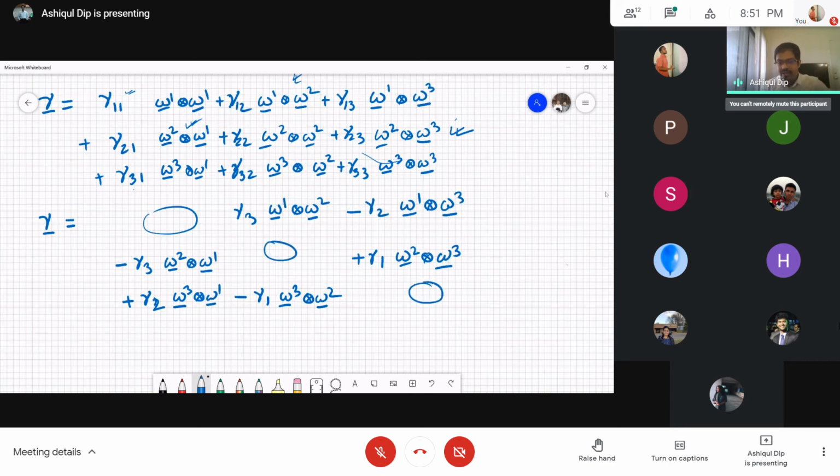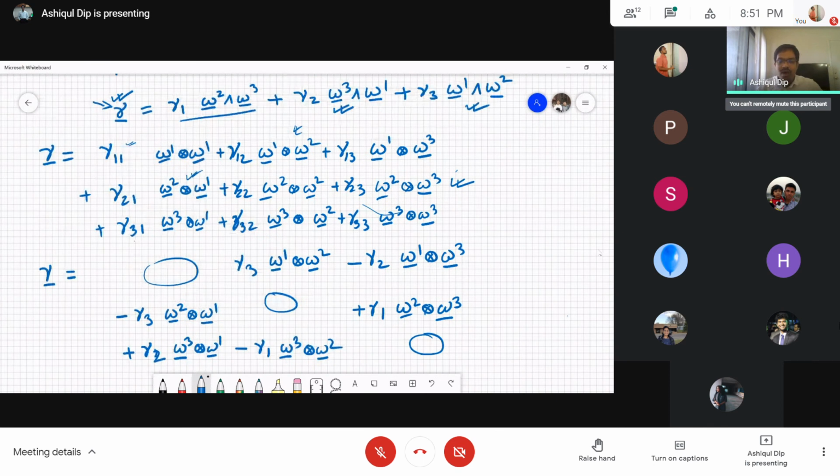So tell me then, which of those gamma components are 0 if gamma is a 2 form? Gamma 1 1, 2 2, and 3 3. Yes, this thing has to be 0, this thing has to be 0, this thing has to be 0 for a 2 form. Okay.